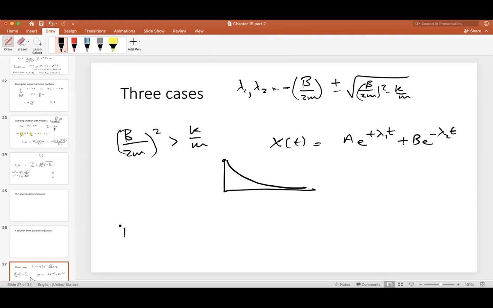The second case is a little bit harder to describe. If beta over 2m squared is equal to k over m, and therefore this becomes 0, we get this really weird function that is a plus b times t, times an exponential decay of beta over 2m times t.